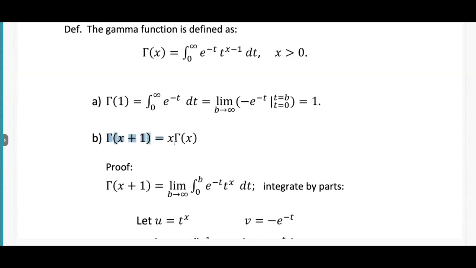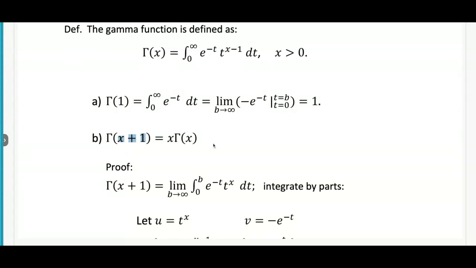And gamma of x plus 1 equals x times gamma of x. So we can prove gamma of x plus 5 equals x plus 4 times x plus 3 times x plus 2 times x plus 1 times gamma x.